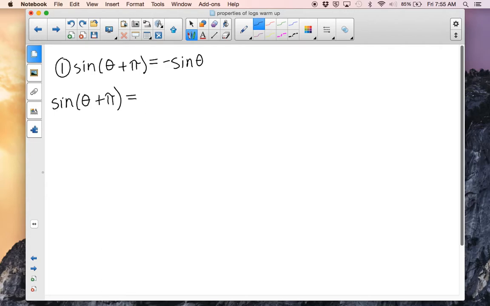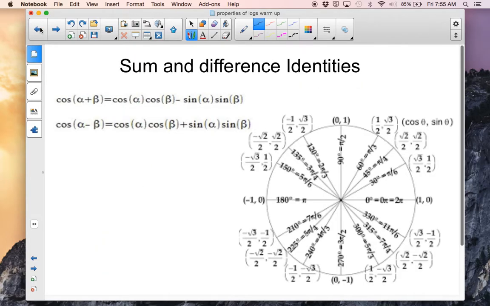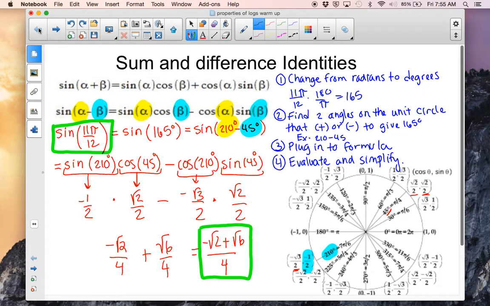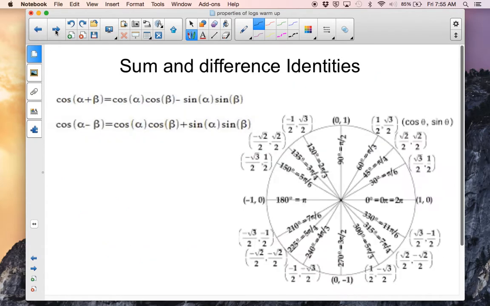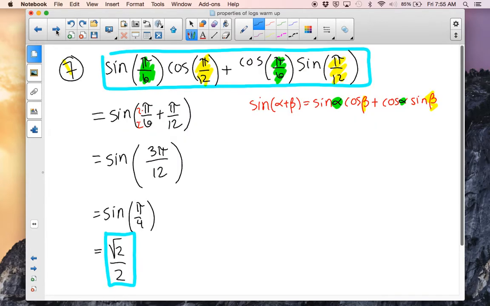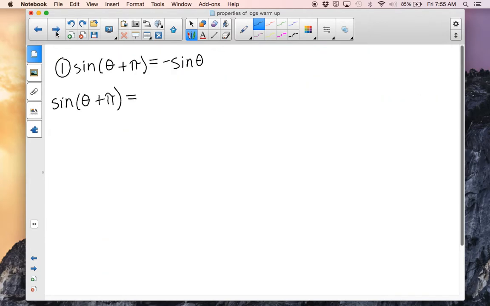So I notice this is an addition formula with sine. So you go back and you look at your formulas here. Addition for sine is this first one, sine alpha cosine beta plus cosine alpha sine beta. Okay, I'm going to write it down here just so you have it to think about.